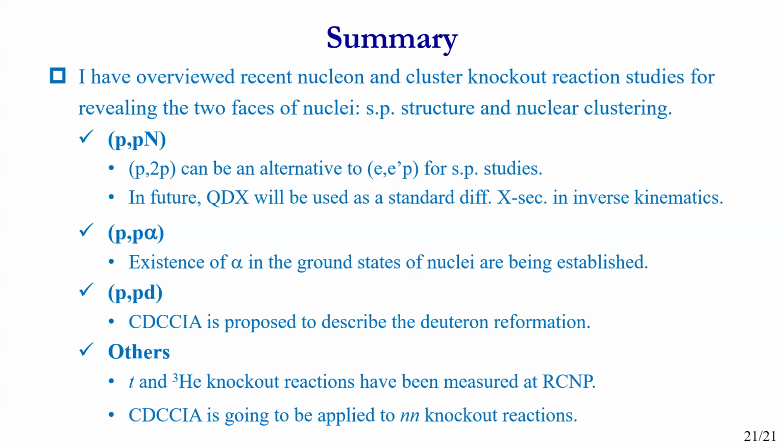And for other things, okay, I have not shown, but we have some calculation and observation of triton and helium-3 knockout reactions, and the result will soon appear. And also CDCCIA is going to be applied to dineutron knockout reactions. Okay, that's it. Thank you very much.